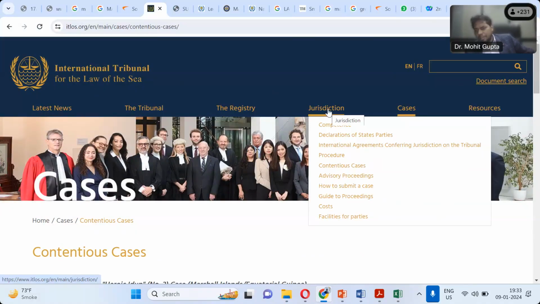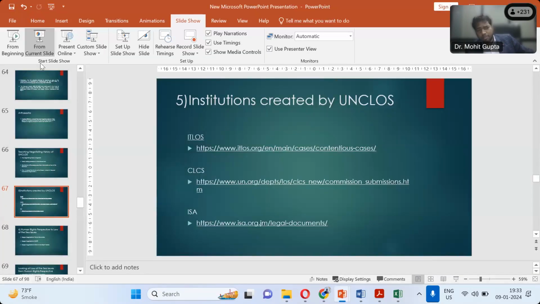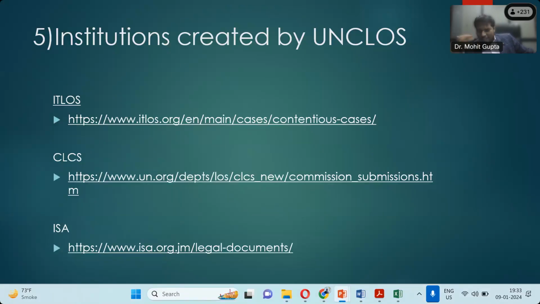Advisory opinions rendered by the tribunal, or the contentious cases which have gone to the tribunal, are all available. In the same way, the website of the International Seabed Authority has a very good database, with a link whereby you can access the domestic legislation of all countries related to the deep seabed.